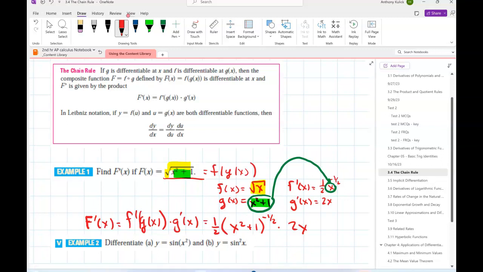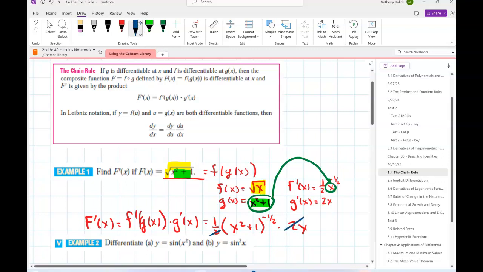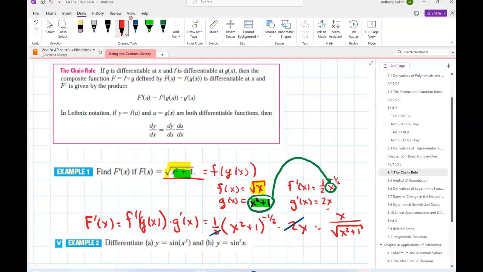Now, the answer in the back of your book is probably not going to look like this. They will certainly simplify this. I would expect that they would write this without the negative exponent and put the radical back in, considering the problem had a radical to start with.